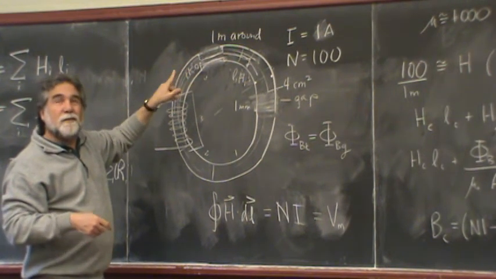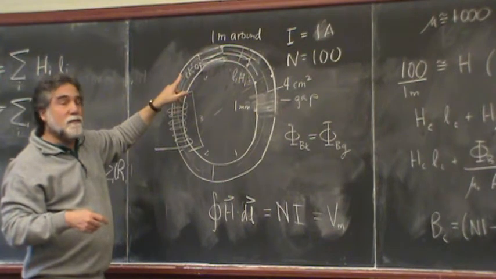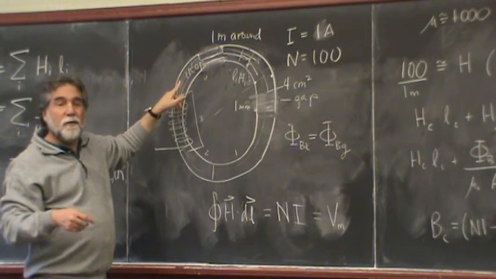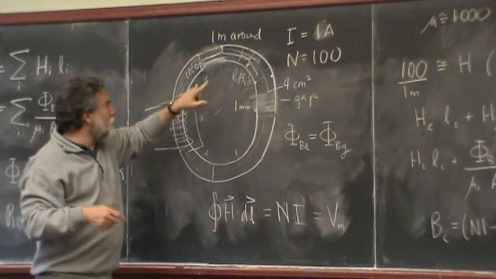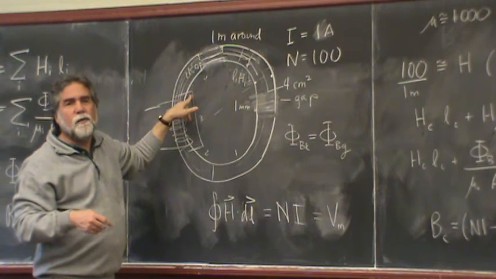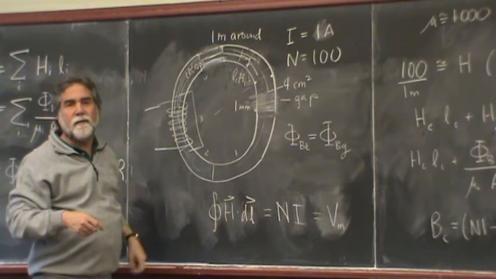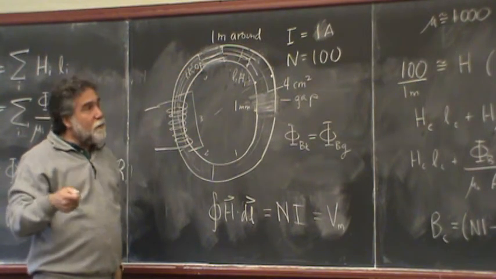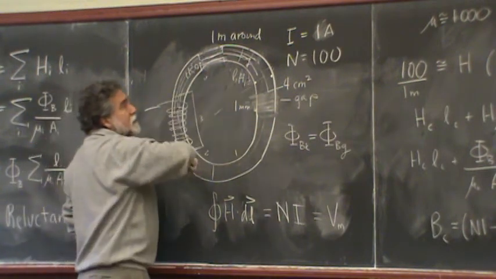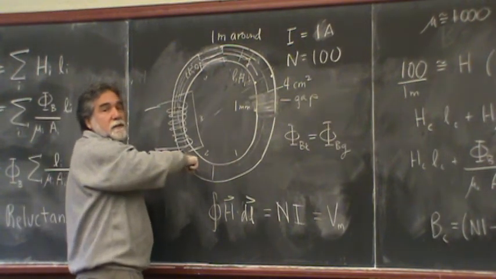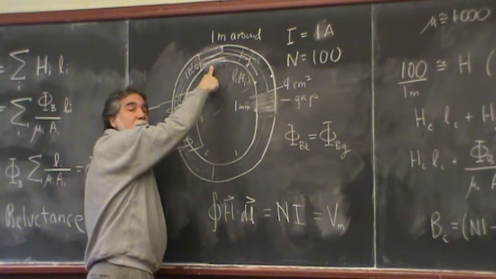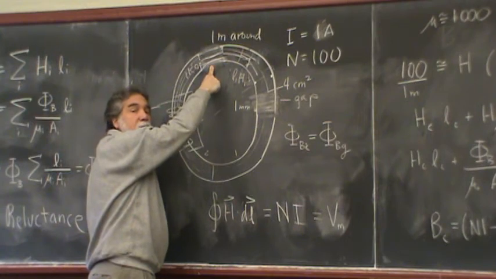Actually, I'm not sure exactly what you do. I haven't worked this one out. I've done it for linear, no problem. But if it's nonlinear, then you've got a value of mu here and a value of mu there that depends upon the ratio of the areas. But what I think you end up doing is that you make an assumption for the mu of this region and solve for the magnetization and B field there.